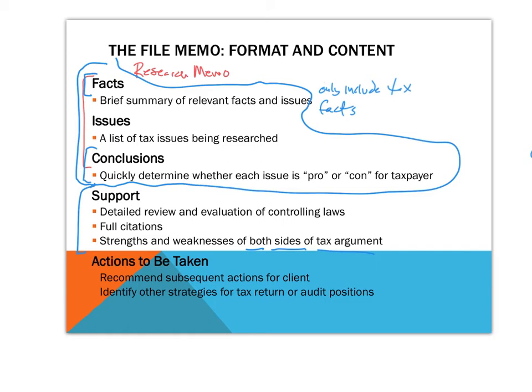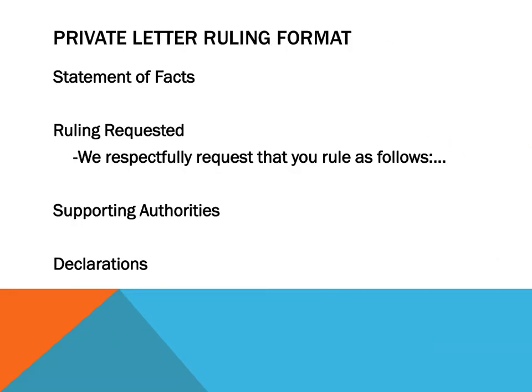And then they can look at the support section and get all of the details, all right? That's why a file memo or a research memo is designed the way it's designed, okay?